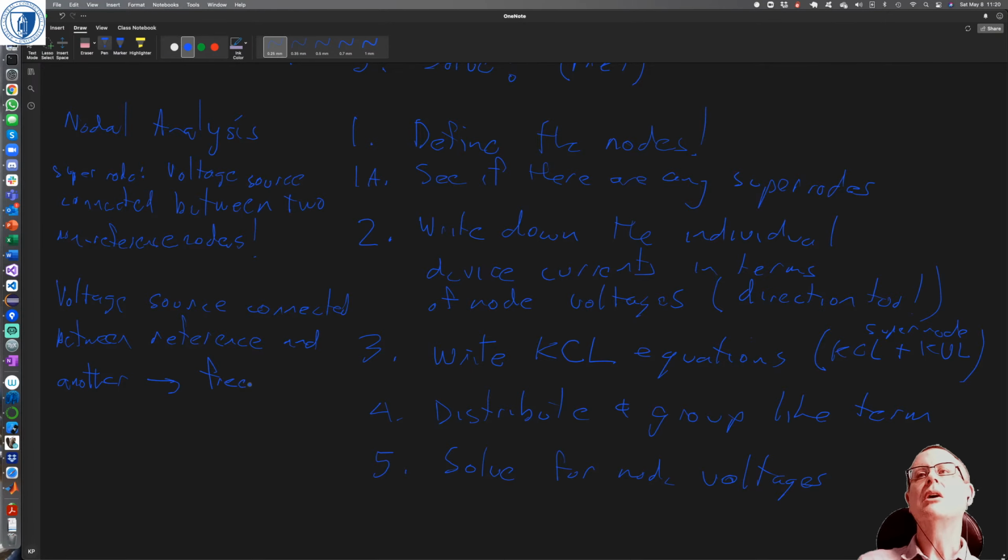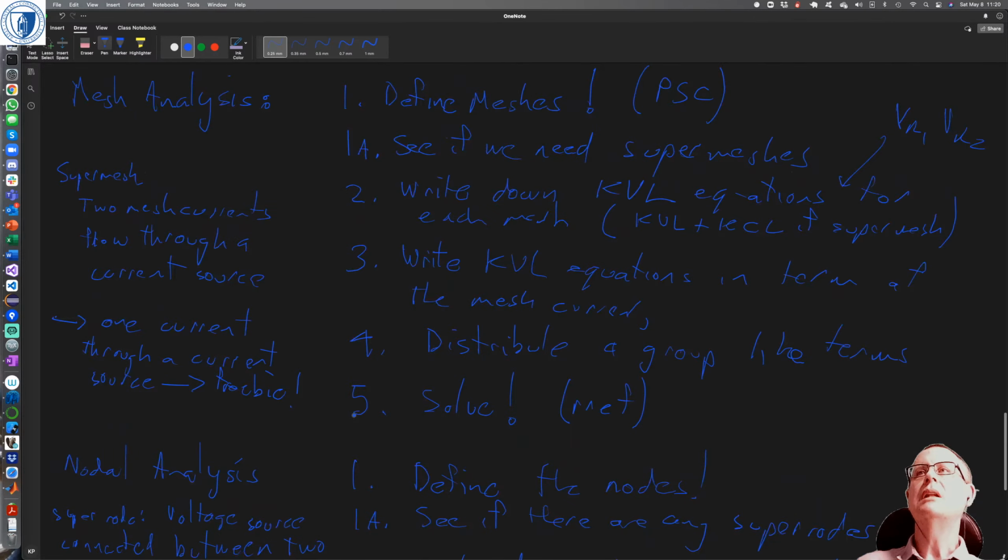We immediately know the node voltage. Okay, so that's nodal analysis.